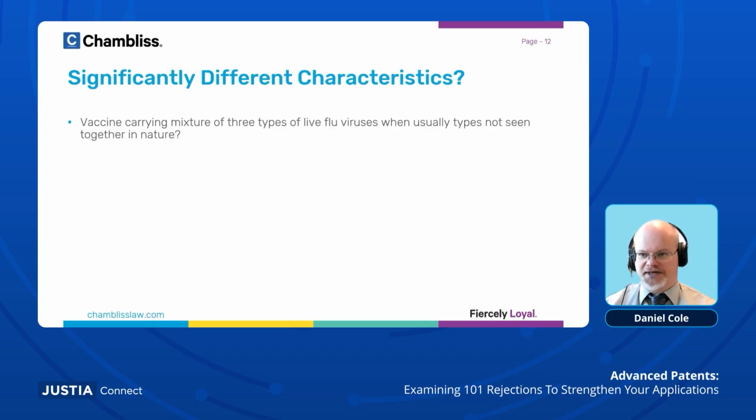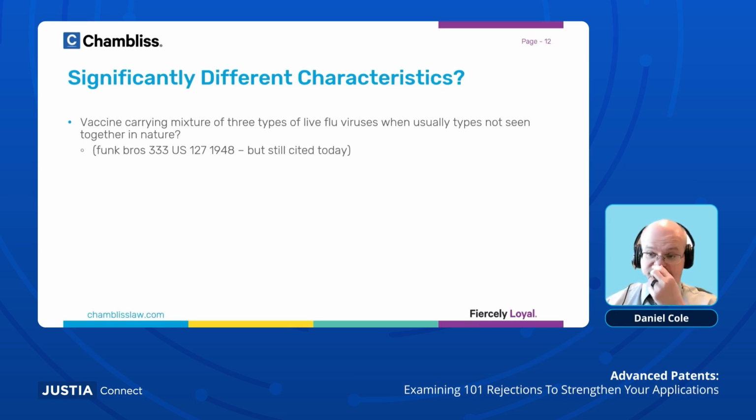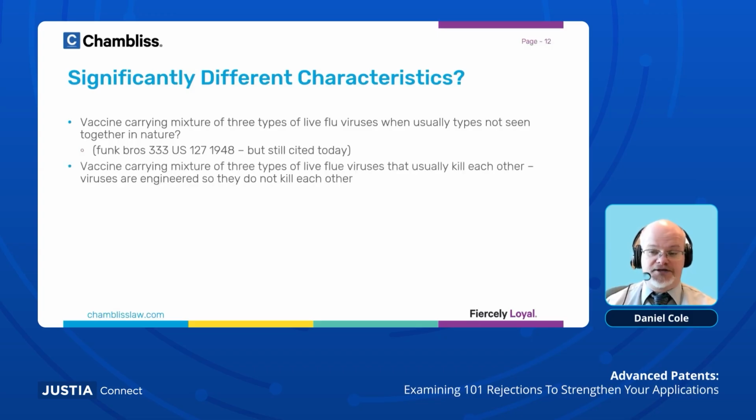But here, all we're worrying about is, can you patent it? What happens after you patent it, whether you lose your money, whether you make your money, is not our concern here today. Funk Brothers is this case from 1948 that I mentioned before, still cited, and would say this is not going to be patentable.